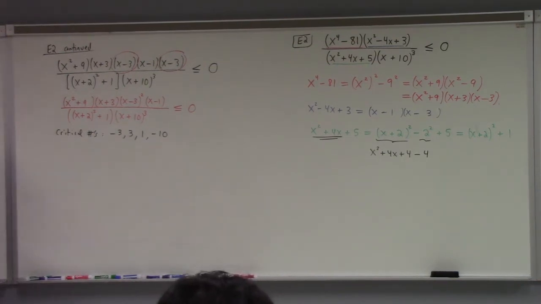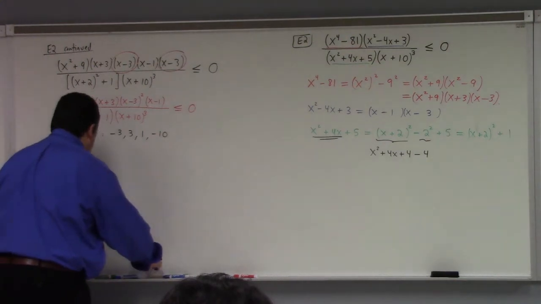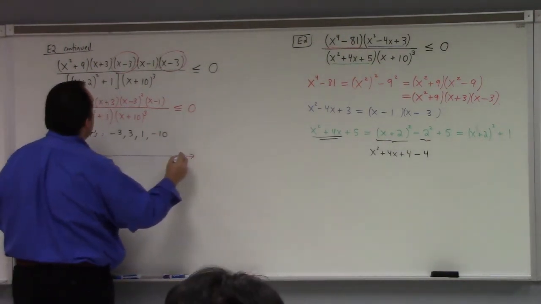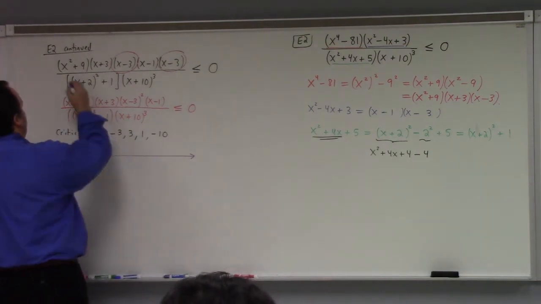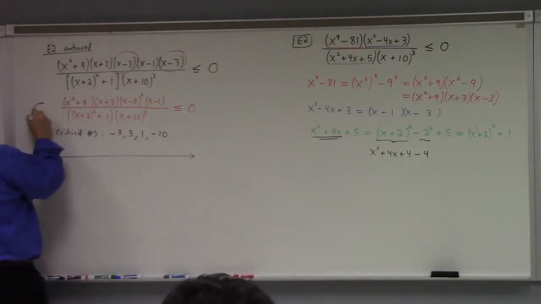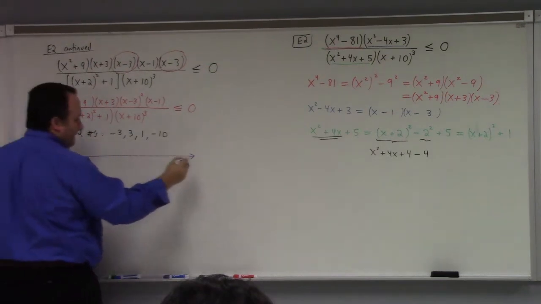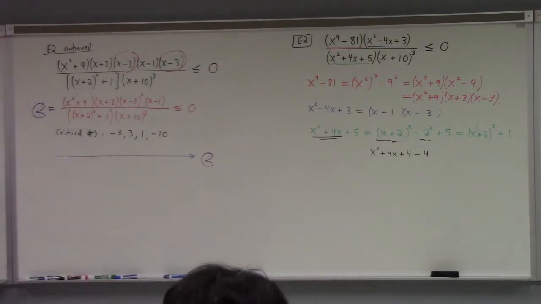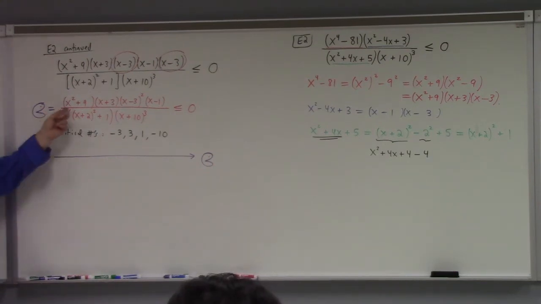Now we draw our number line. So why didn't 9 work as a critical number? Let me call this thing Pac-Man. If we feed Pac-Man 9, it does not give you 0. Putting 9 into this makes it 18.